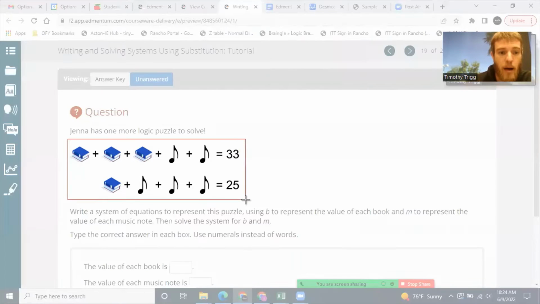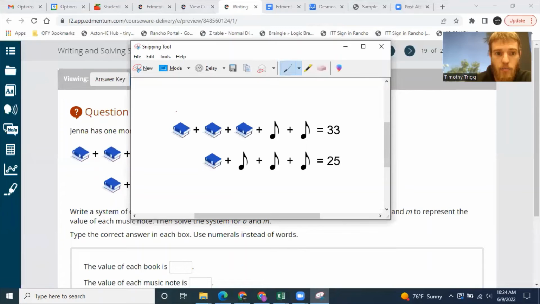Let's think of our piles of books as our x values. So this is like x plus x plus x. And then we could think of these notes as y's. So this would be like y plus y. Similarly, what would this second equation look like?